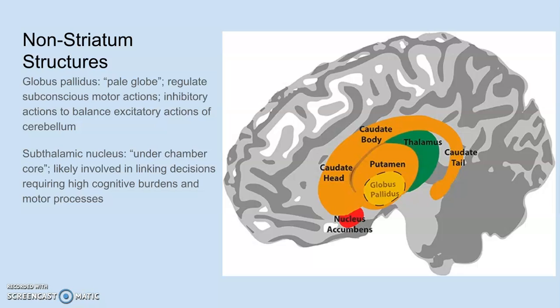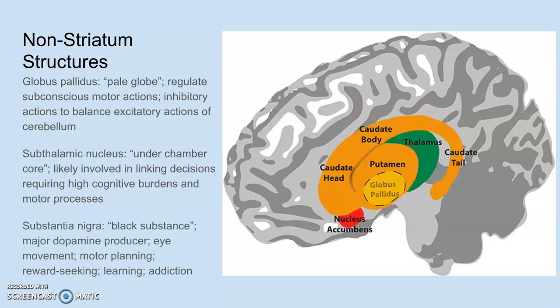And then the substantia nigra, which you also cannot see on this particular graph, means the black substance, and it is the major dopamine producer in the brain, and also it's responsible for eye movement, motor planning, reward seeking, learning, and addiction.